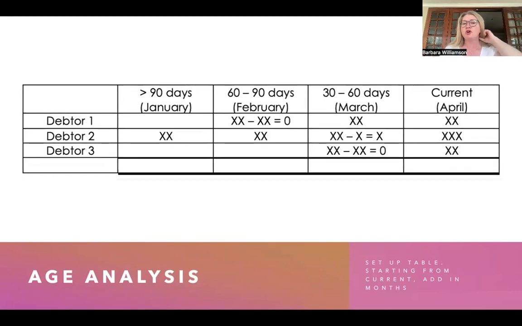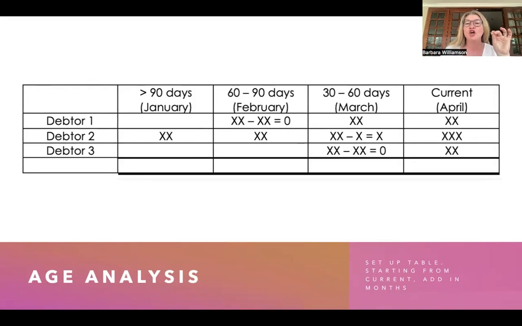We can then show our returns and our payments. Notice that our returns will be offset against the most recent purchase. So, for example, this entry over here must have been a return because those amounts are still outstanding. This must have been a return that took place during March.